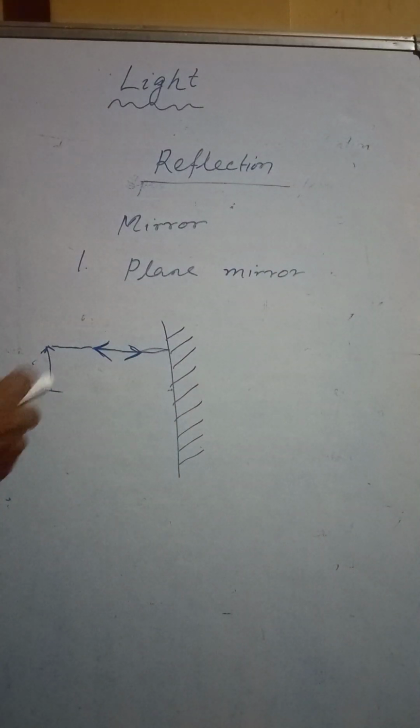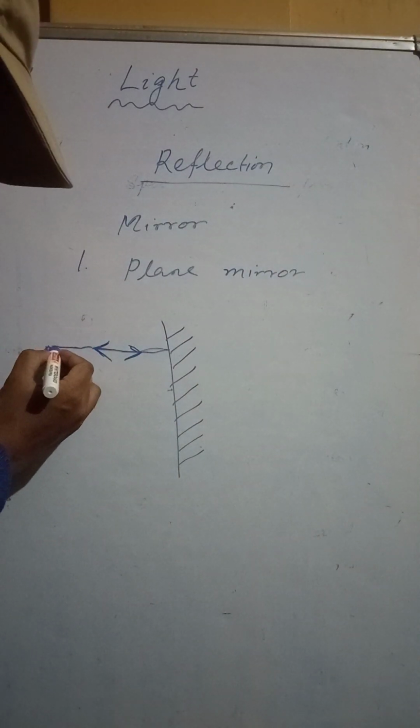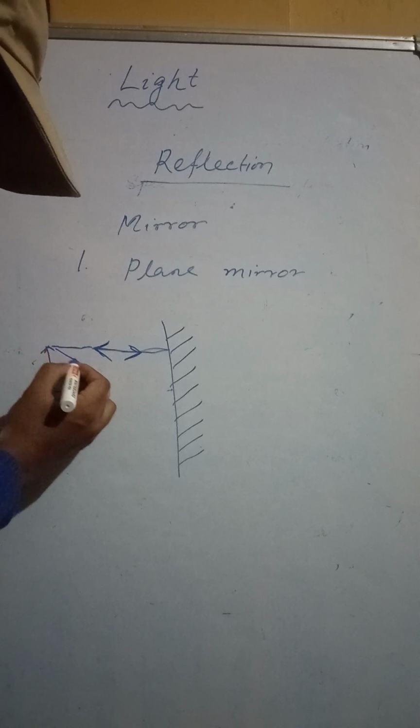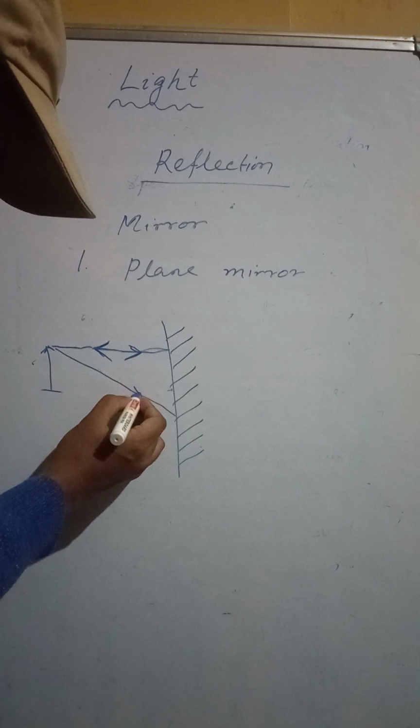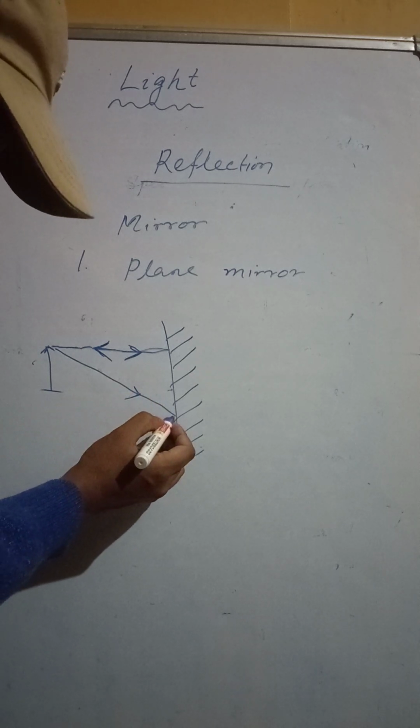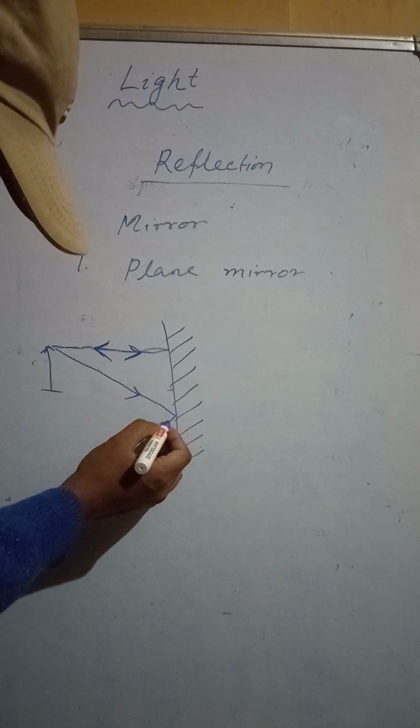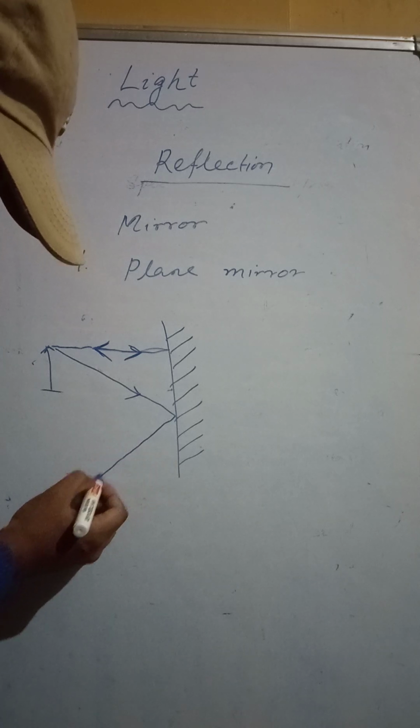Now suppose there is another ray coming in this direction. This is the incident ray and the reflected ray will be in this direction.